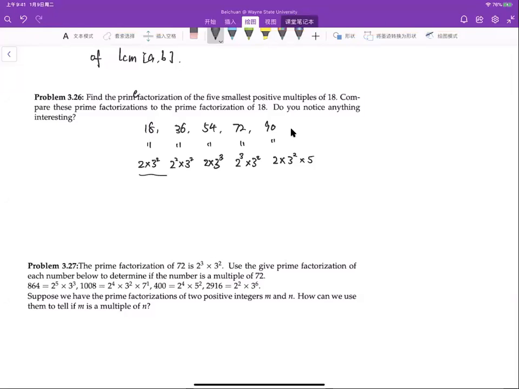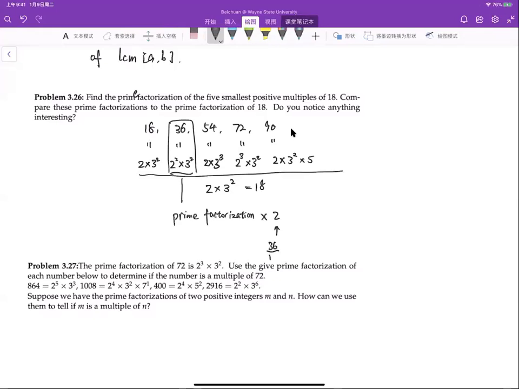So actually they have a common factor, which is 2 times 3 squared. And 2 times 3 squared is exactly 18. So you can see that the prime factorization of 36 is this one times 2, right? So where is the 2 from? Because 36 equals 18 times 2, right? So that means you only need to multiply the prime factorization of 18 by 2.